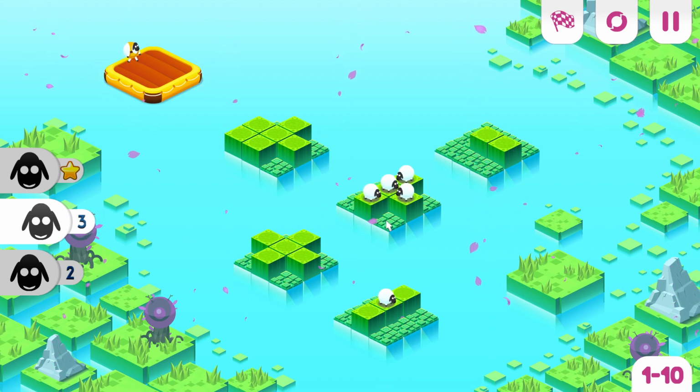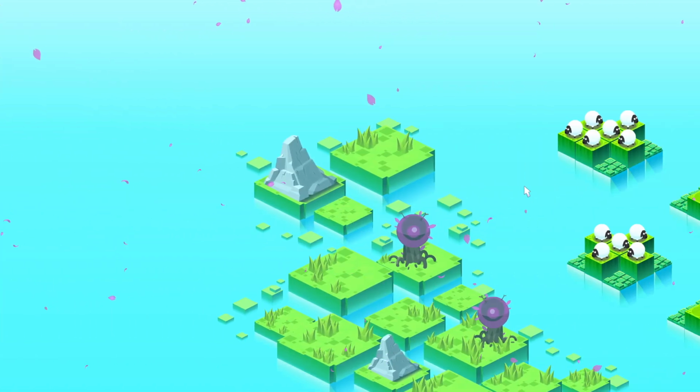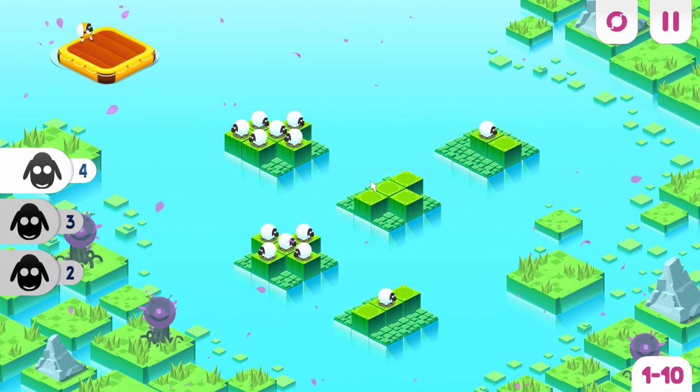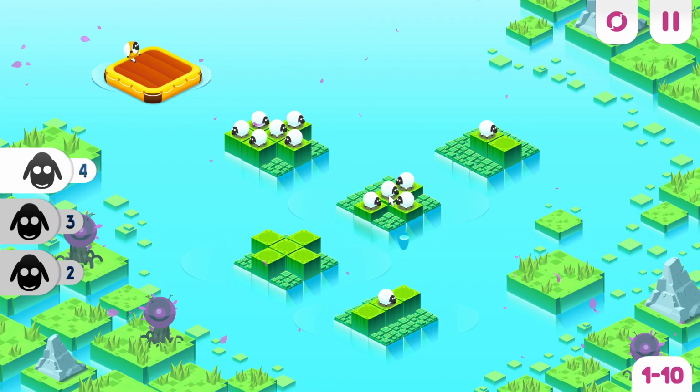There's 5 on the field. Is there a way to split this up? Not as far as I can see. What if we were to go this direction first and lose 1 that way?